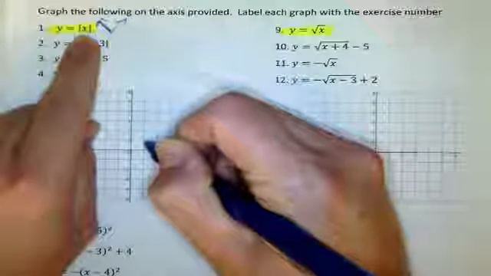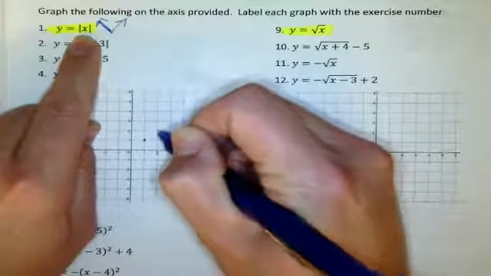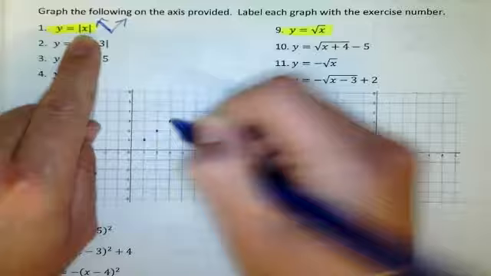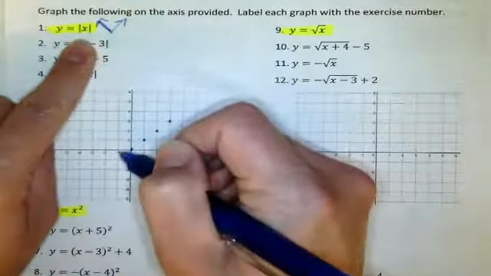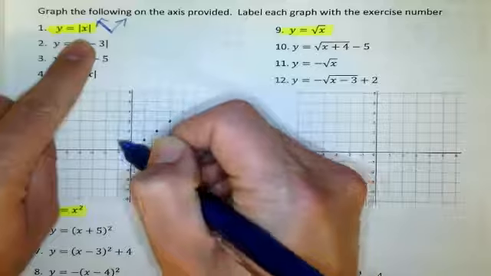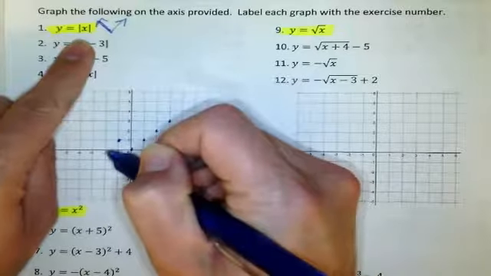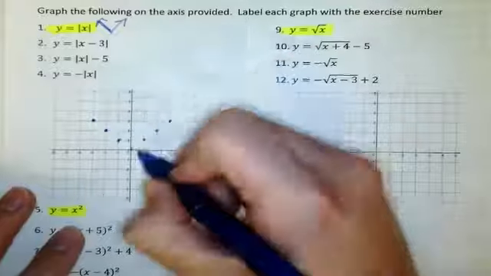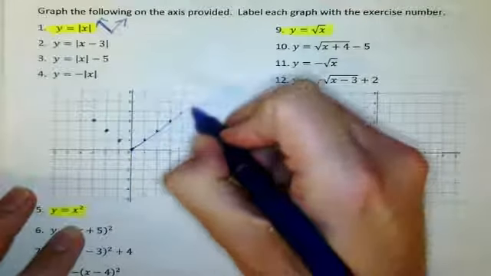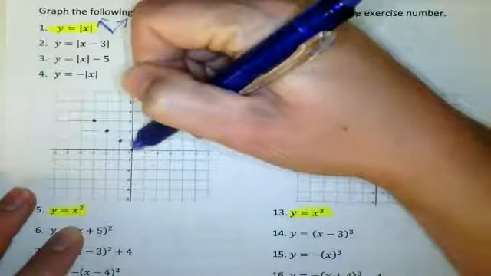The absolute value of 1 is 1. The absolute value of 2 is 2. The absolute value of 3 is 3. The absolute value of 0 is 0. The absolute value of -1 is 1. The absolute value of -2 is 2. So we get this absolute value V graph. This is the basic shape. It really is just a V.